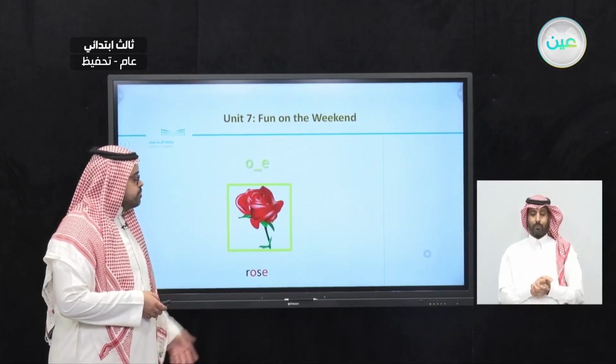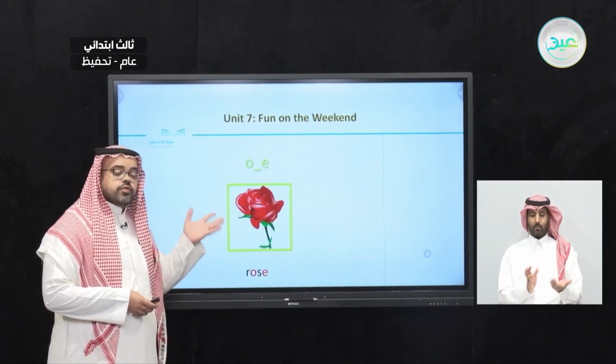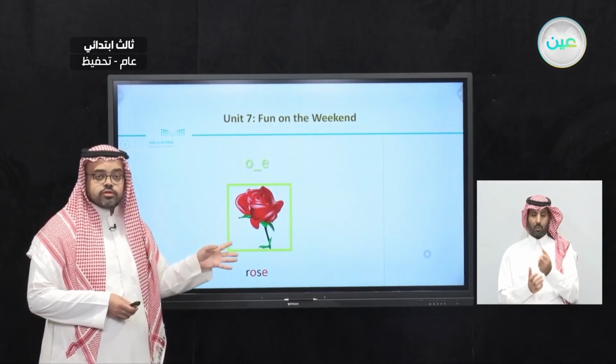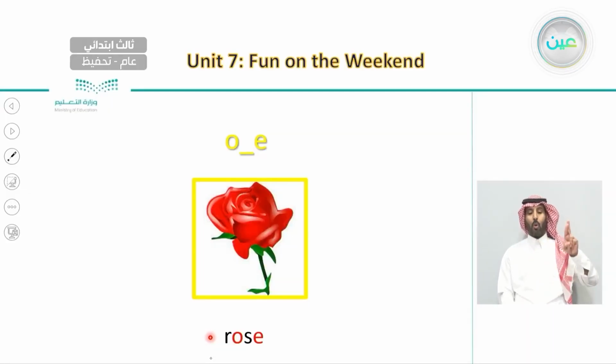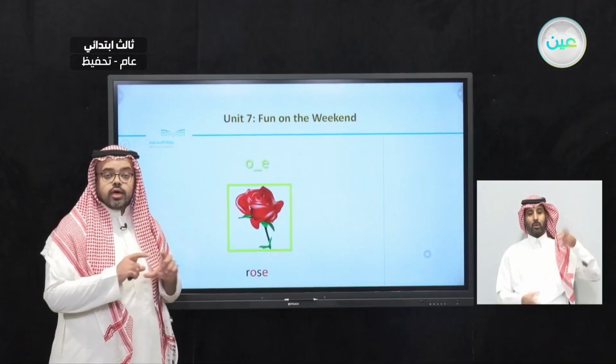And also, the other word from the OE group of words is rose. Rose. Say with me. Rose. Rose is a word that has O and E at the end. And you can notice how we pronounced O in a long version.